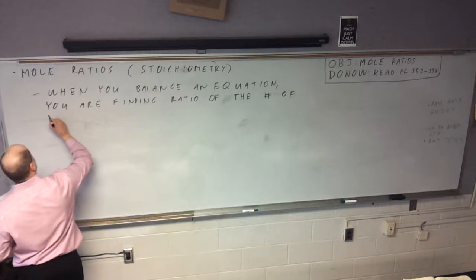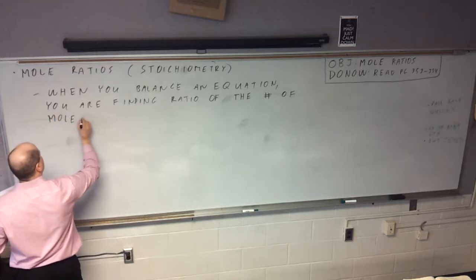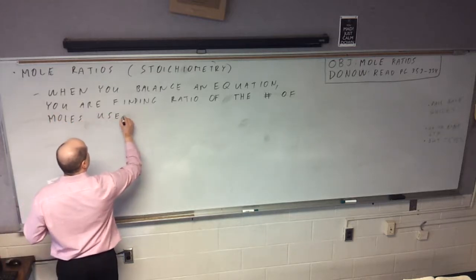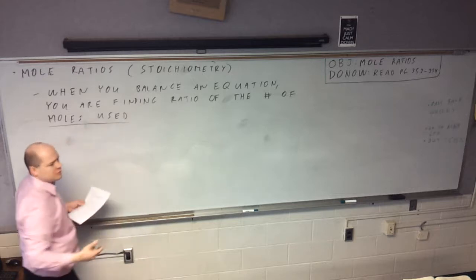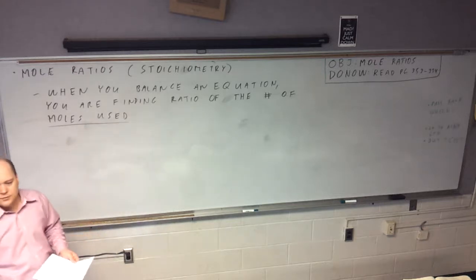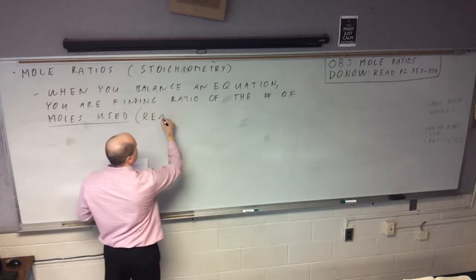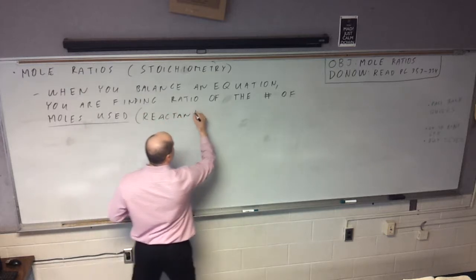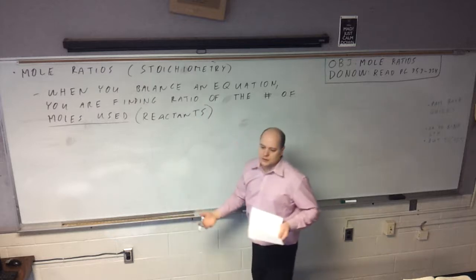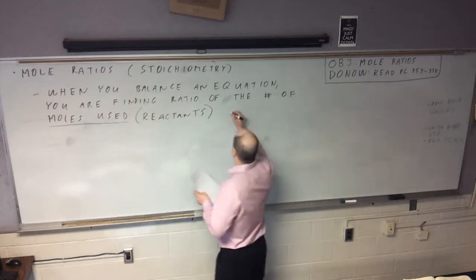Number of moles used. So the stuff that we use, what's that called? Those are the reactants, right? Whatever we're using up, those are reactants. It's like the ingredients when we start out, right?